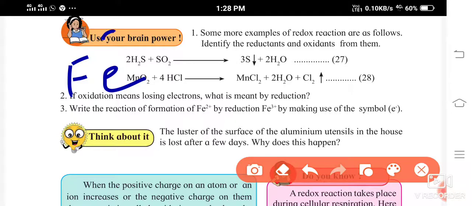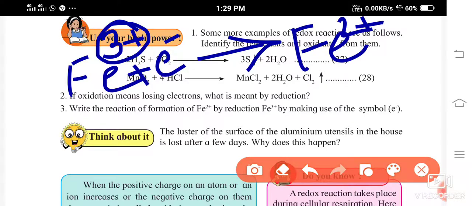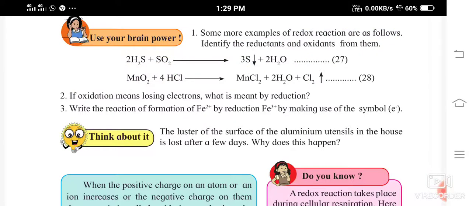Fe3+ should become Fe2+, which means you are not going to remove a proton from it. What you have to do is add an electron to this. One electron is added to this. If it gains one electron, then the positive charge is going to decrease.